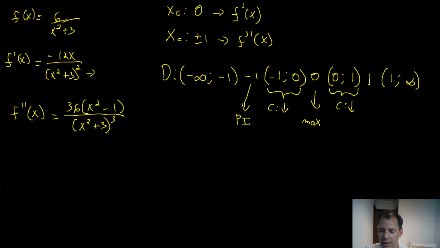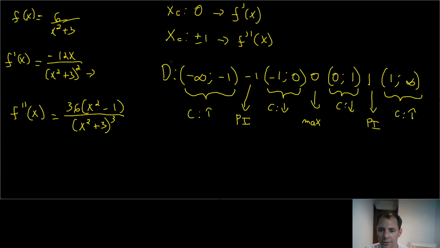If it's a point of inflection, it's changing. Concavity down here means that this has to be concavity up. Over here, at 1, the second derivative is 0 and the first derivative is different than 0. So this is also a point of inflection, and concavity down here, so the concavity over here has to be up.